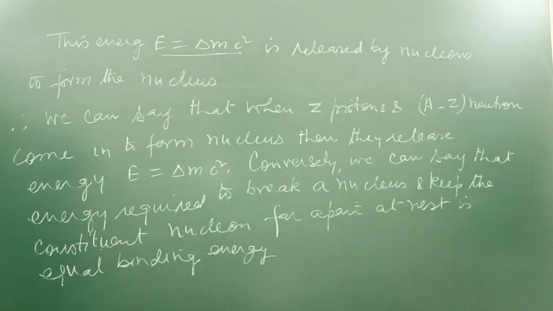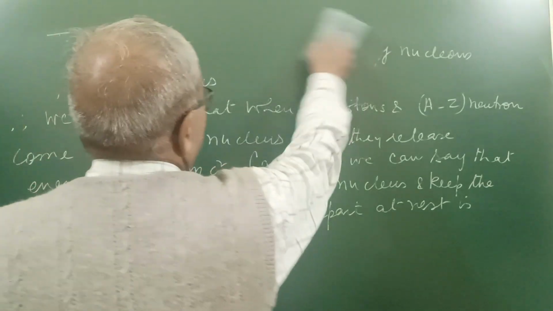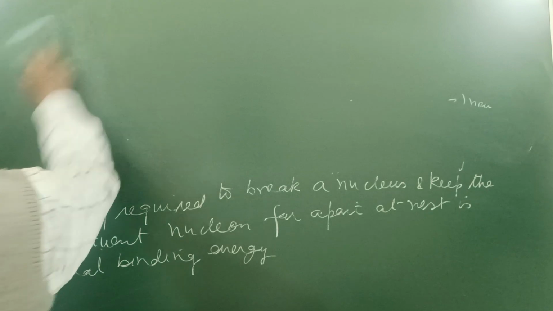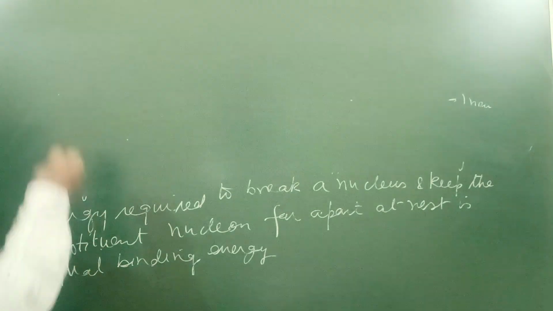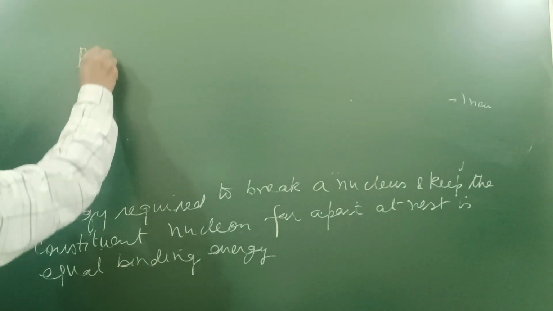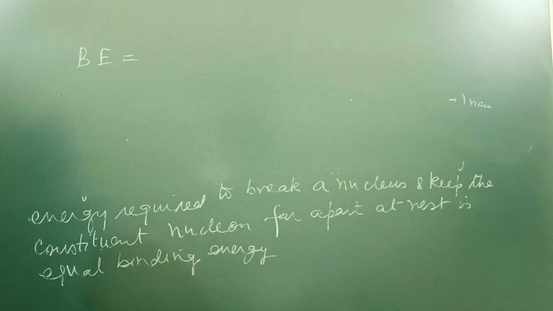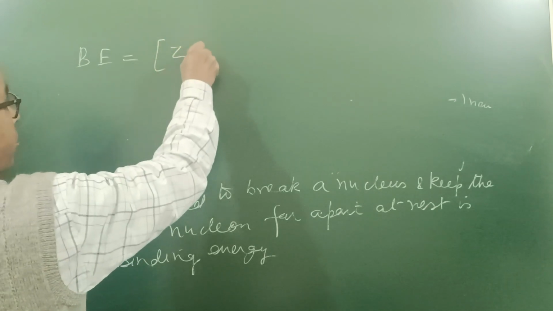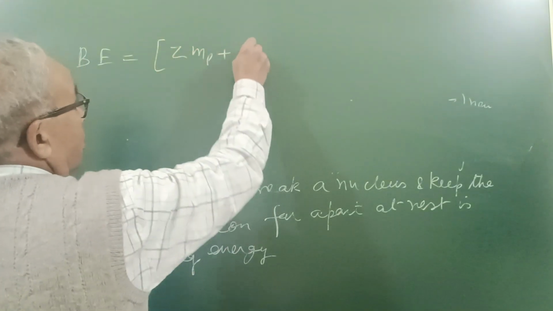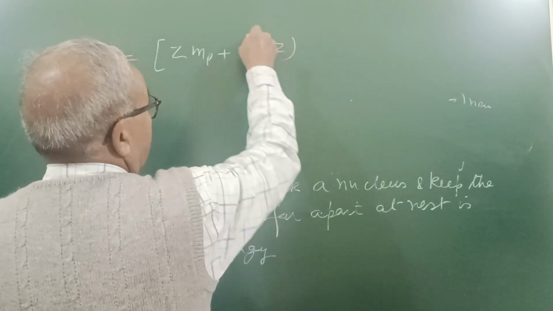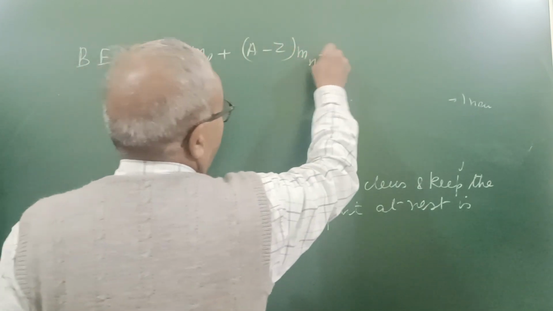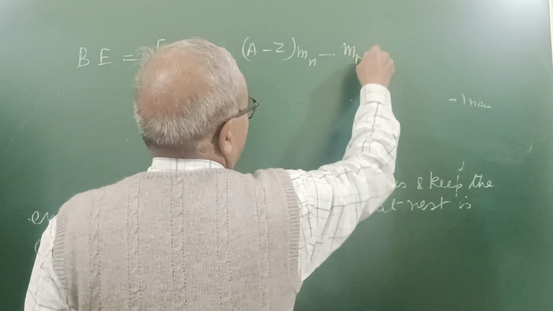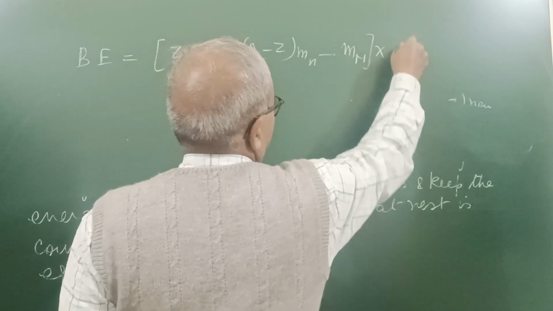And therefore binding energy of nucleus is given by B equal to binding energy, (Z M_P plus (A minus Z) M_n minus M_N) into c square.